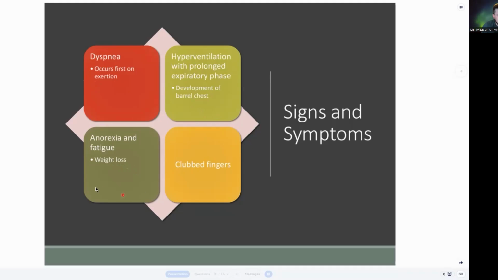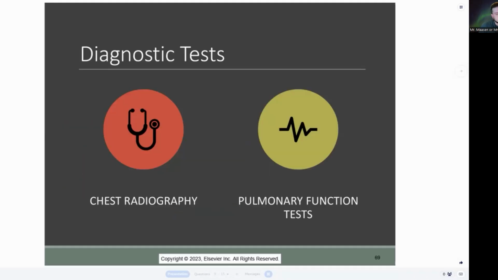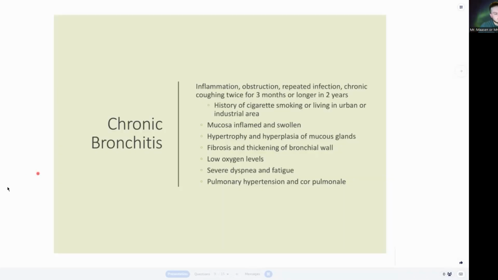They're also going to have weight loss because of the fatigue. They're taking so much energy to breathe out on a daily basis. Think about how many times you breathe a day. That's a lot. They're going to have fatigue and weight loss, and clubbing of the fingers. The PFT test and X-rays are how people get diagnosed.